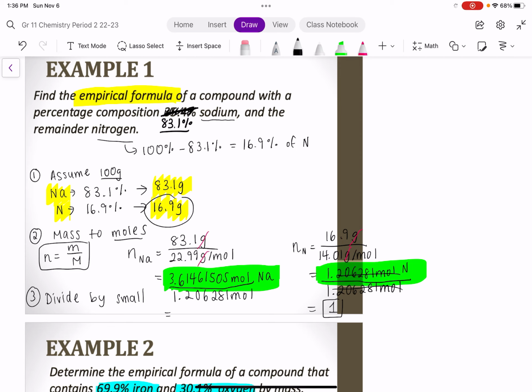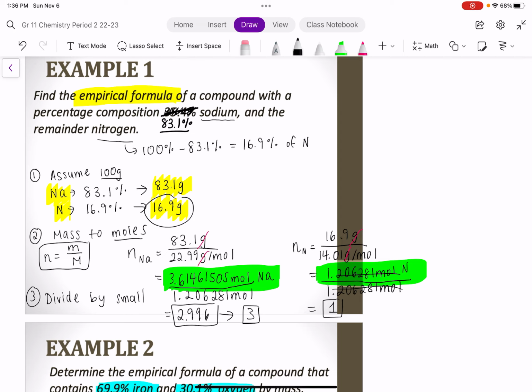And for sodium's mole amount, 3.614 divided by 1.206 gives me about 2.996, and we can round this to 3. Okay?